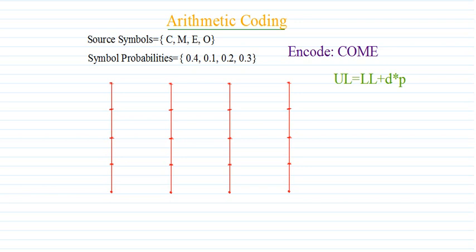The first step in the procedure is to use these symbols C, M, E, O and their probabilities in the first line of this diagram. This is C, this is M, this is E, and this is O. So I have 4 characters here, so I have divided this line into 4 divisions and I am putting the given characters C, M, E, O in each division. For C, the probability given is 0.4.